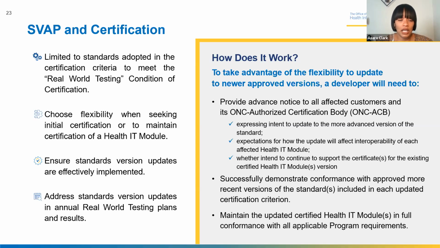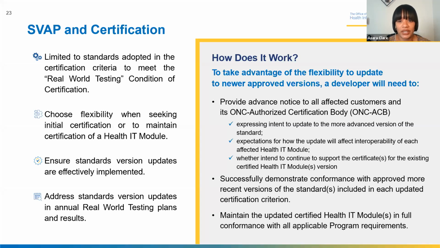It must be included in your next year's real world testing plan, depending upon what date you complete your certification. We've already gone over the August 31st deadline throughout this presentation, but depending upon when it falls, you will real world test it on the next cycle of real world testing that is required.